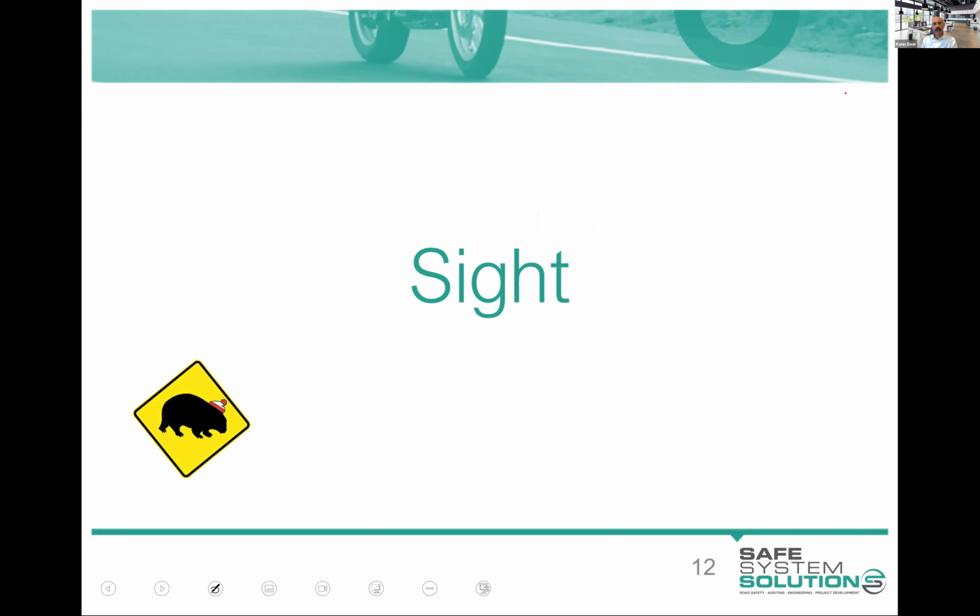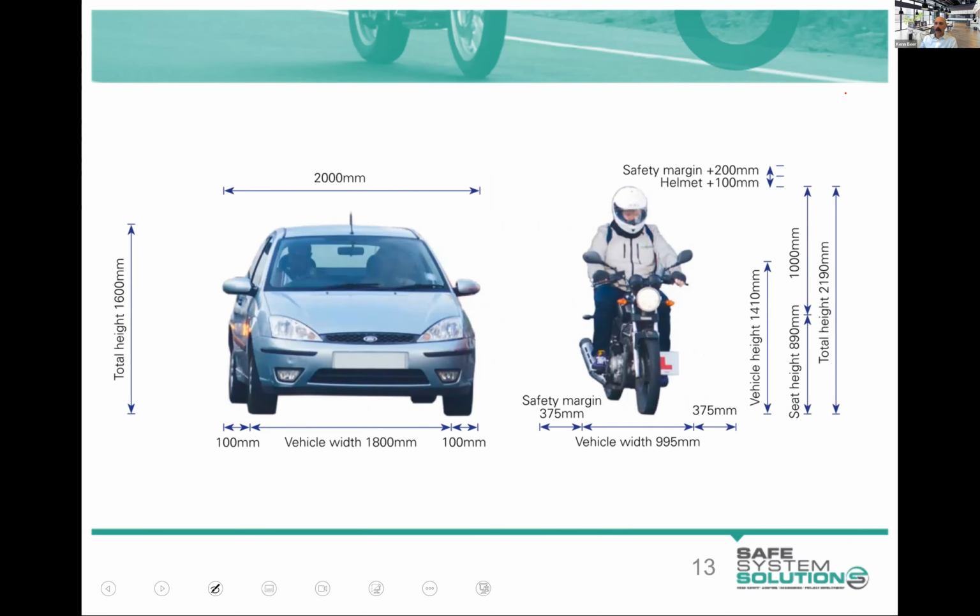So let's just jump through these. We've got sight. Motorcyclists being much smaller than even small vehicles. So blocked, hidden behind things and the like. We tend to, in these sort of dimensions, sometimes think about this safety margin, it's called.